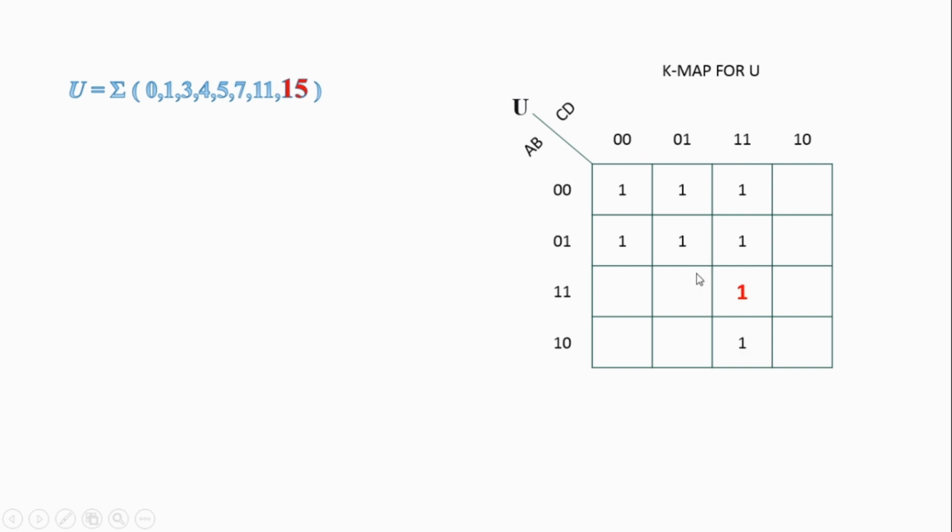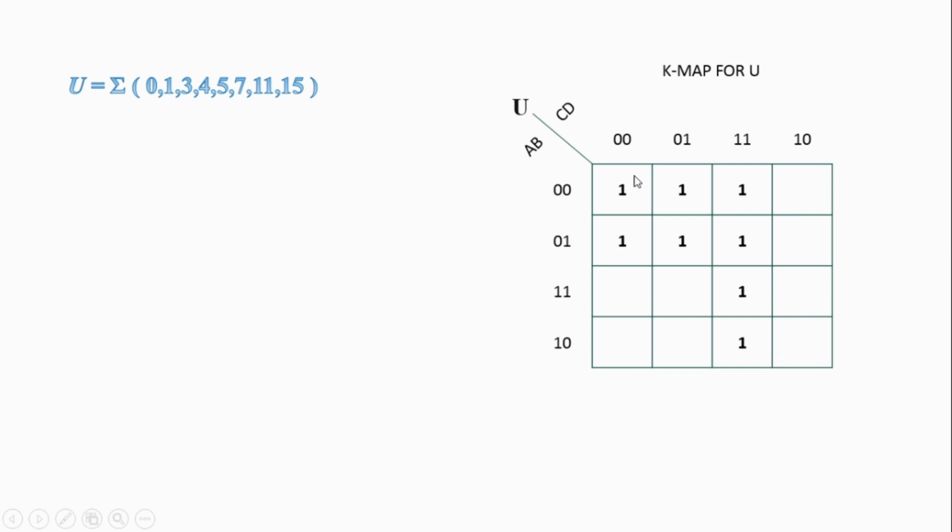You can verify it easily. 15, 1 1 1 1, it means 15. 11, 1 0 1 1, it means 11. So 11 is here. Similarly, after completing the filling of the table, the rest of the places will be 0. I am not showing it here just for the sake of simplicity, but you can assume it is 0 here.